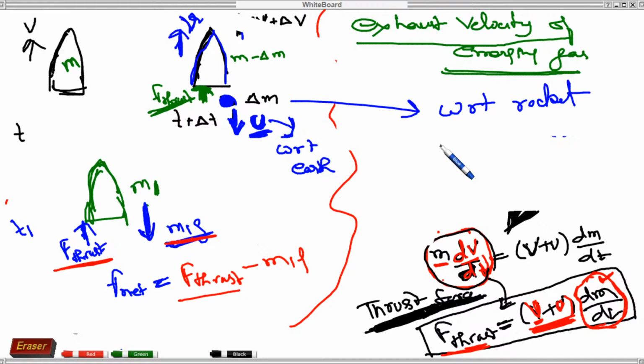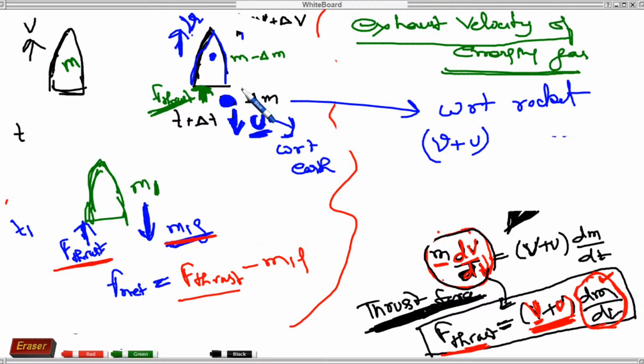Suppose I am standing on earth and seeing both the rocket and delta m.